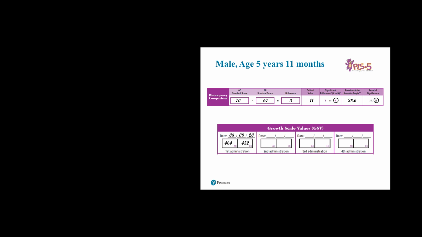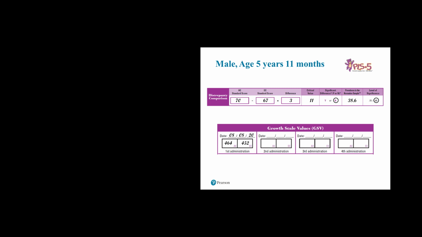Also, PLS-5, similar to CELF Preschool-3, has growth scale values. So that's shown in the table below the scaled scores, the standard scores. And these are based on raw scores. The growth scale values are based on raw scores.